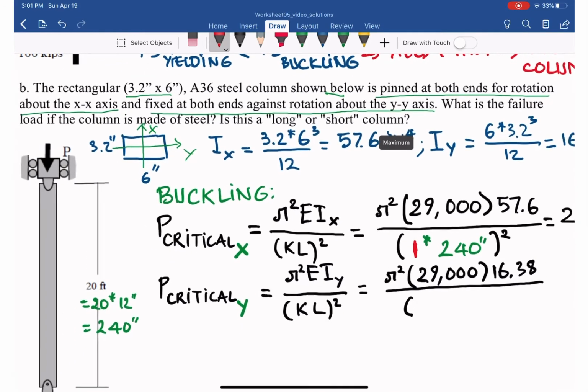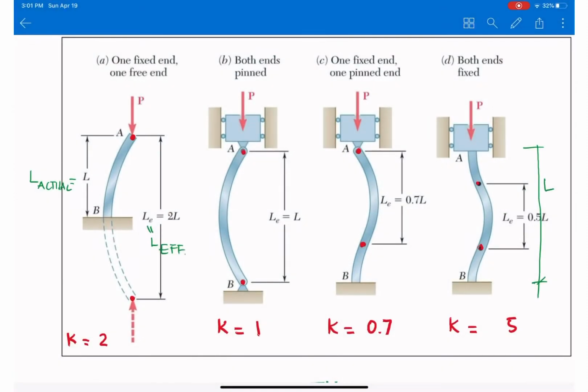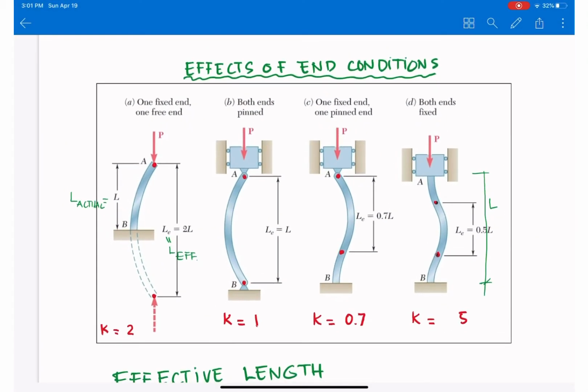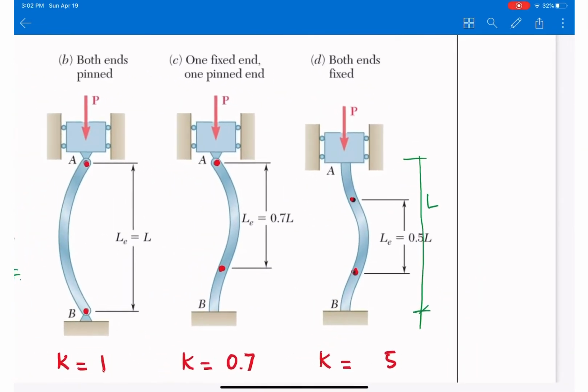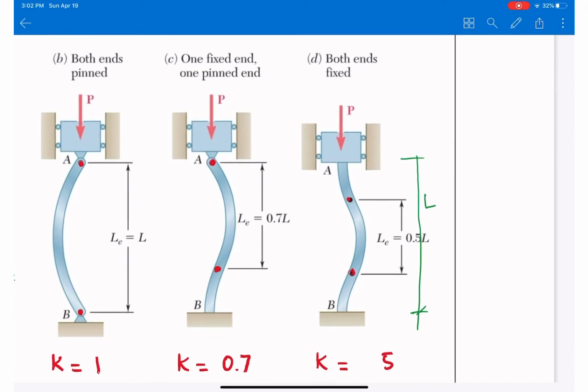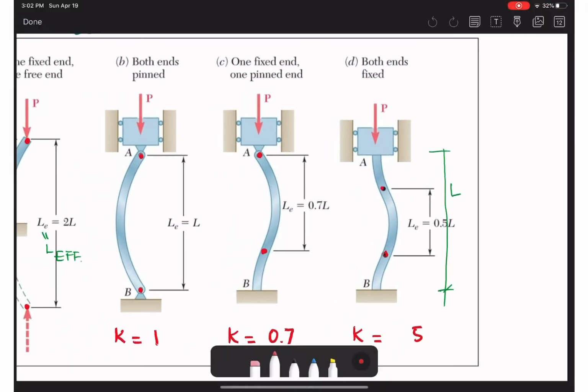So go back to our notes for the effect of end condition to find the effective length factor K. Fixed at both ends, which is scenario D, gives K equal to 0.5.